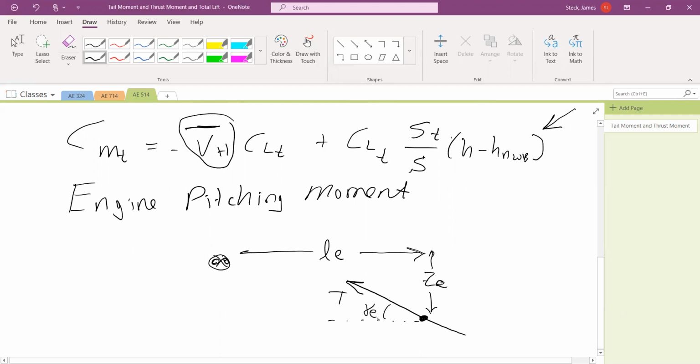So it's not too hard here to take pitching moments. We just take T cosine gamma E times ZE, and that'll be positive, and then T sine gamma E times LE, and that'll be negative, and that gives us the two pitching moment components for the engine.